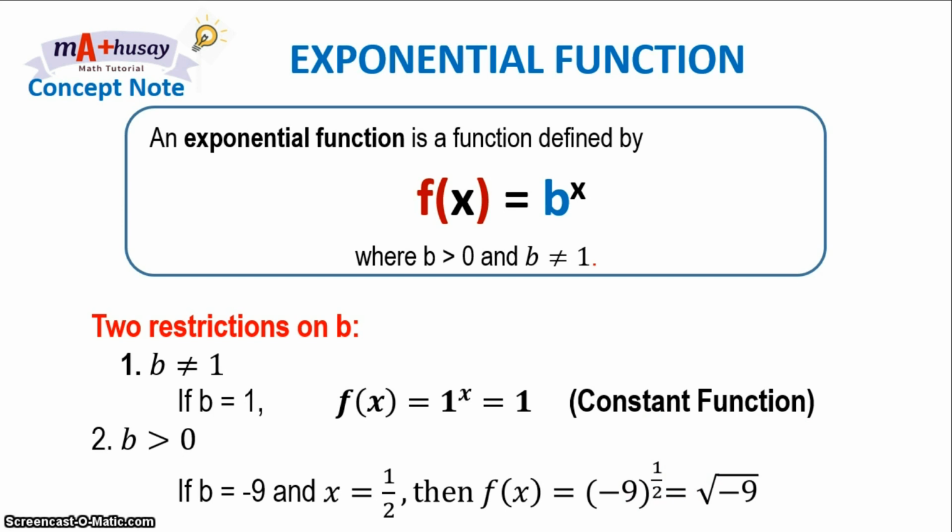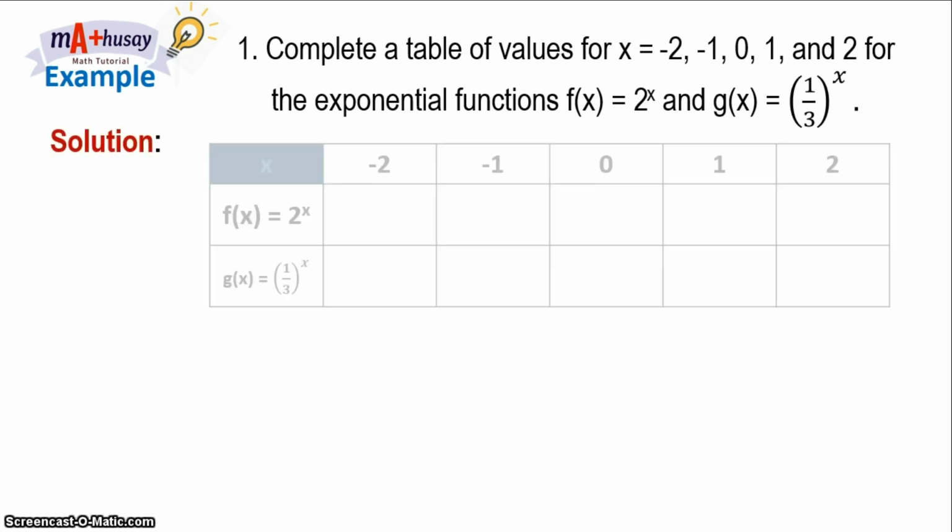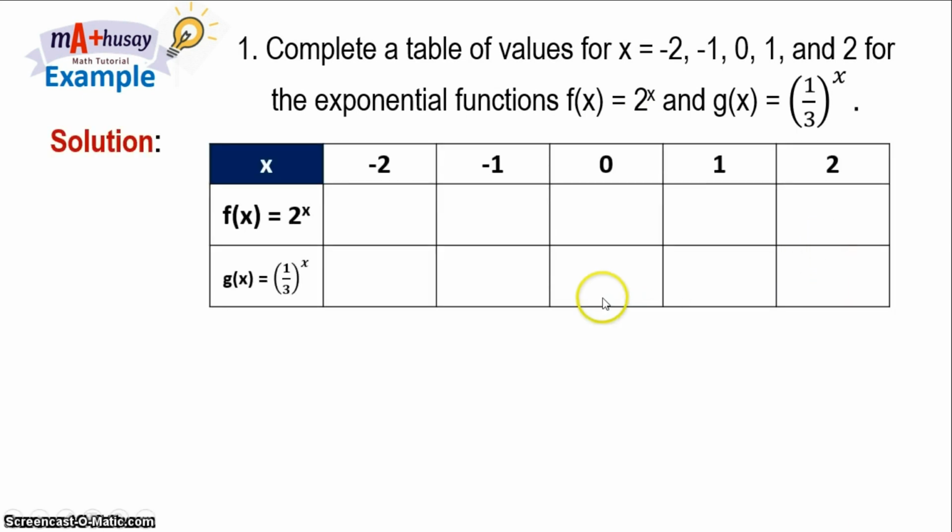This time, let's evaluate some exponential functions. Example number 1. Complete a table of values for x equals negative 2, negative 1, 0, 1, and 2 for the exponential functions f of x equals 2 raised to x and g of x equals 1/3 raised to x. So, ang gagawin natin, bubuo tayo ng table of values. So, ang una nating isa-solve ay yung f of x.